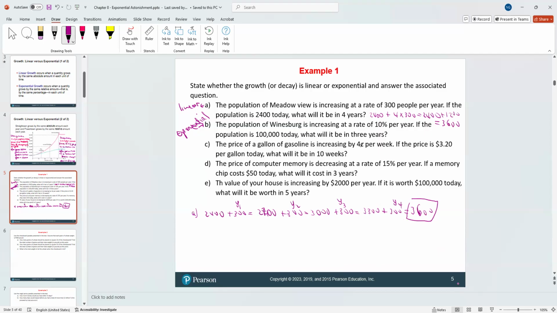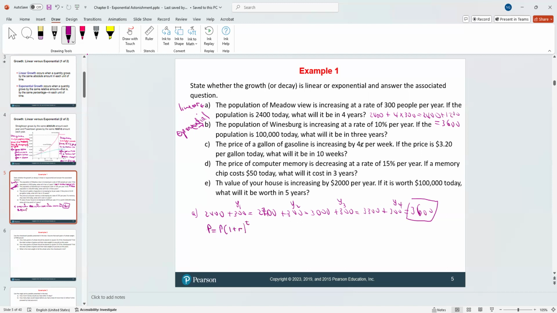One of the techniques you can use, if you want to know what a population that grows at a rate would be in the future, is to take the population you have today times one plus the rate, to the power t.